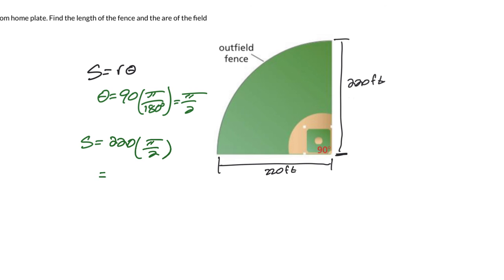On this case, this simplifies here. So this is 110, this is 1. So it's going to be 110 pi feet. If we find that on my calculator, times pi, that's going to be 345.6 feet.